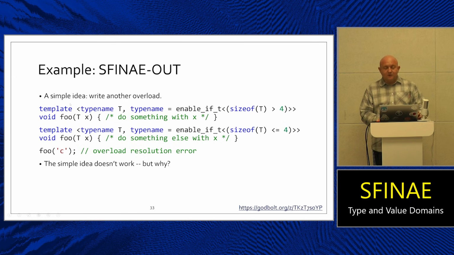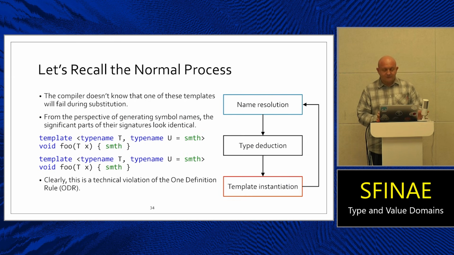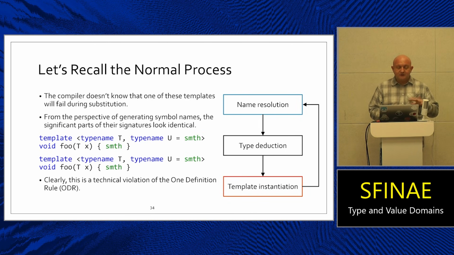Okay, let's recall the normal process and figure it out. Here's how the compiler actually works. It makes name resolution, collects all overloads with the same name, next type deduction, next instantiation, and probably a loop. And in our case, the failure happens right at step 1, at name resolution.